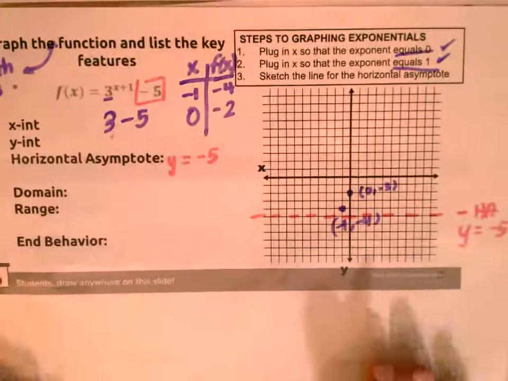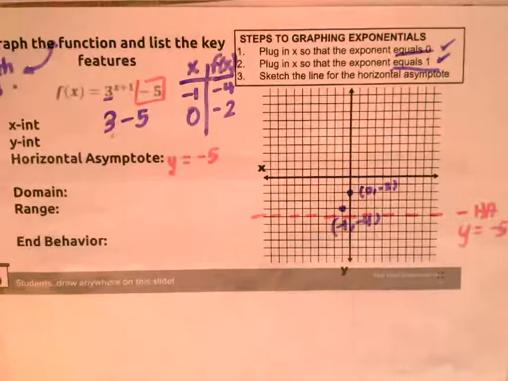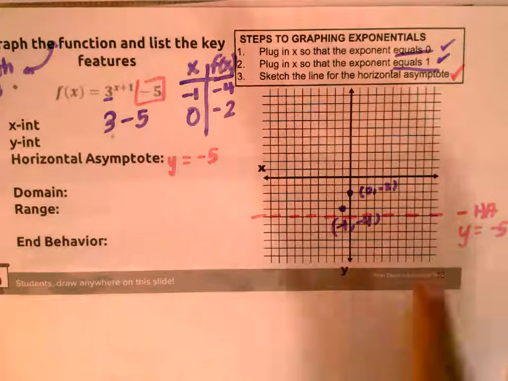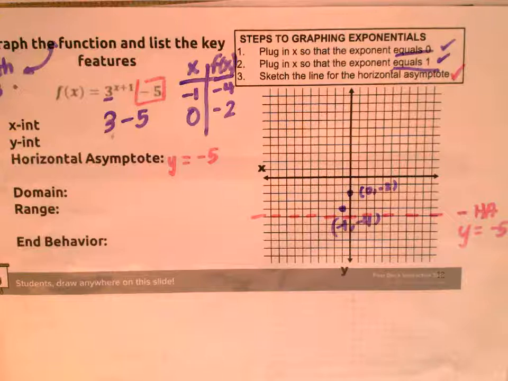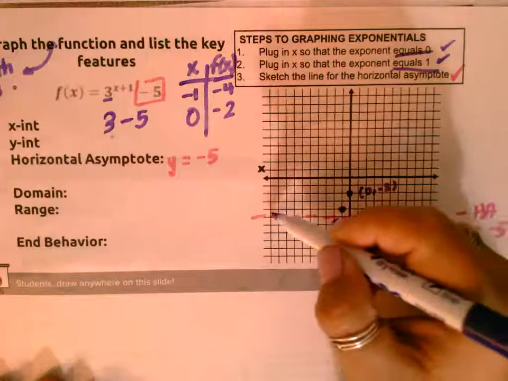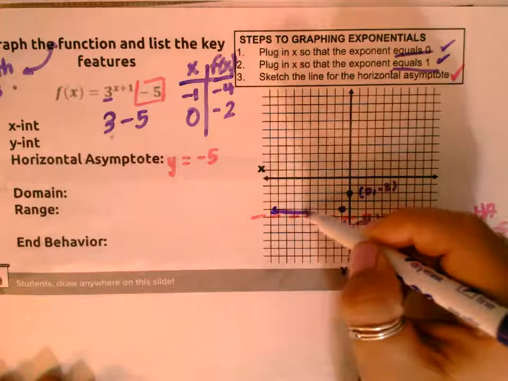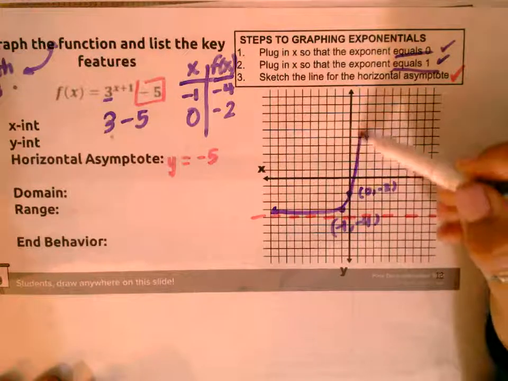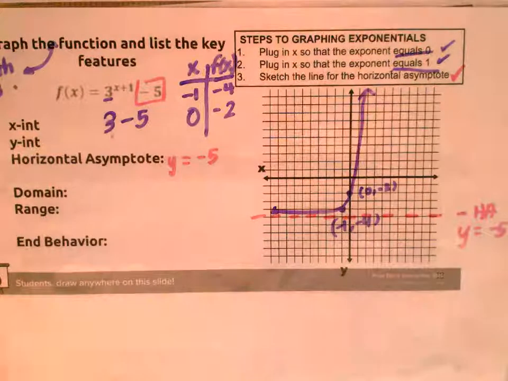Make sure, you guys, that you are labeling as much as possible on your graph, especially if you're not using graph paper. It's very important that we're being pretty accurate here. And then our function, remember, it's going to hover really close to our asymptote, and then it's going to take off, something like this.